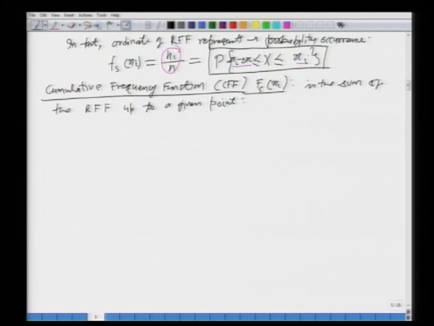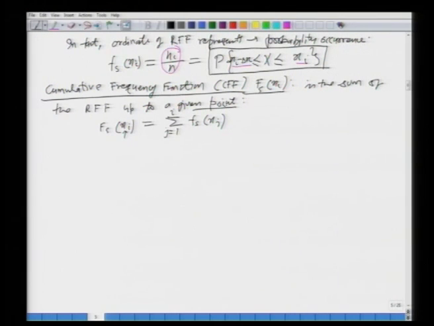How is this then defined? Your F_s of x_i is equal to the summation of your f_s of x_j. We are using another index here such that j varies from 1 to i. You see that the index here is i. So, it is defined up to that point, which is the ith class.